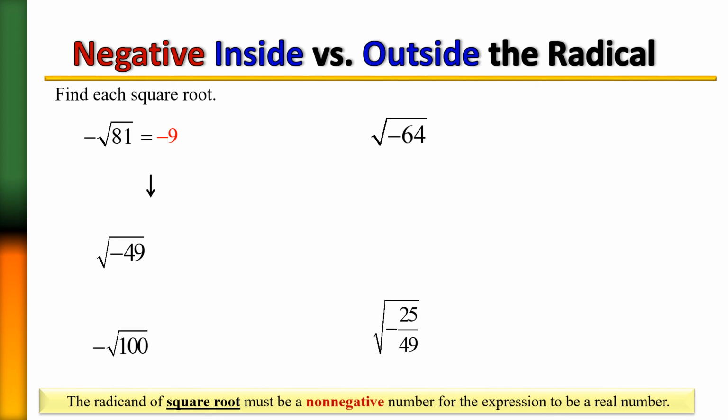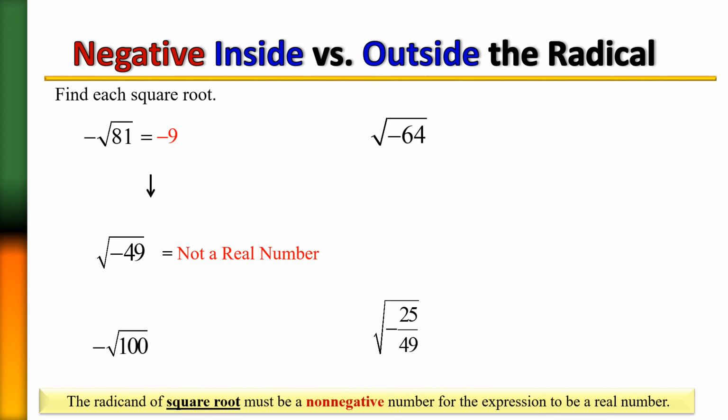There is no number that, when we multiply it twice, will give us negative 49. Again, anytime you notice a negative underneath a square root, you're simply going to say not a real number until you learn about imaginary numbers.